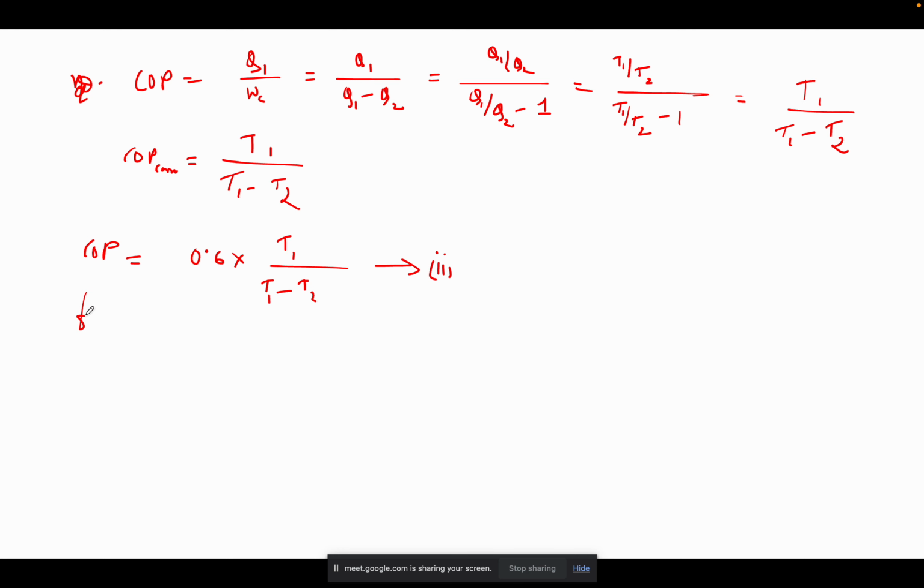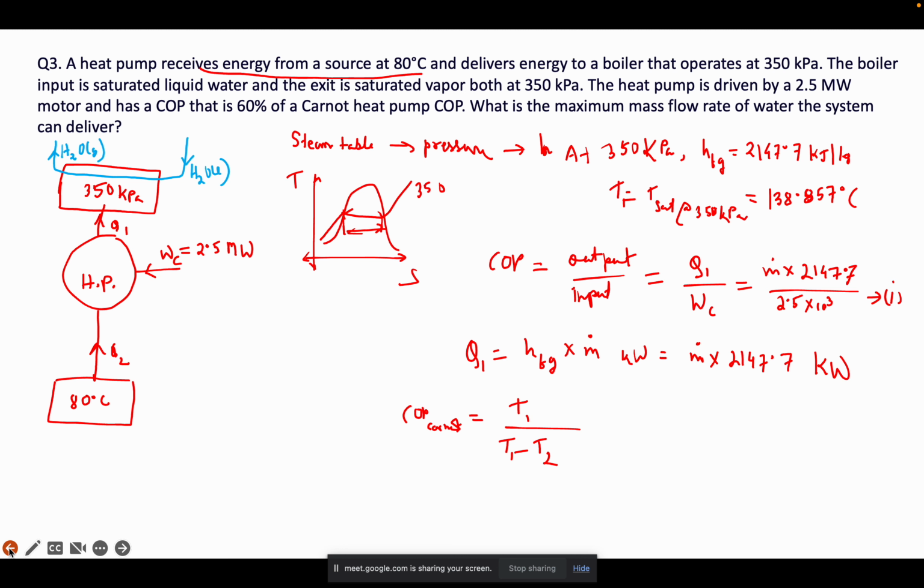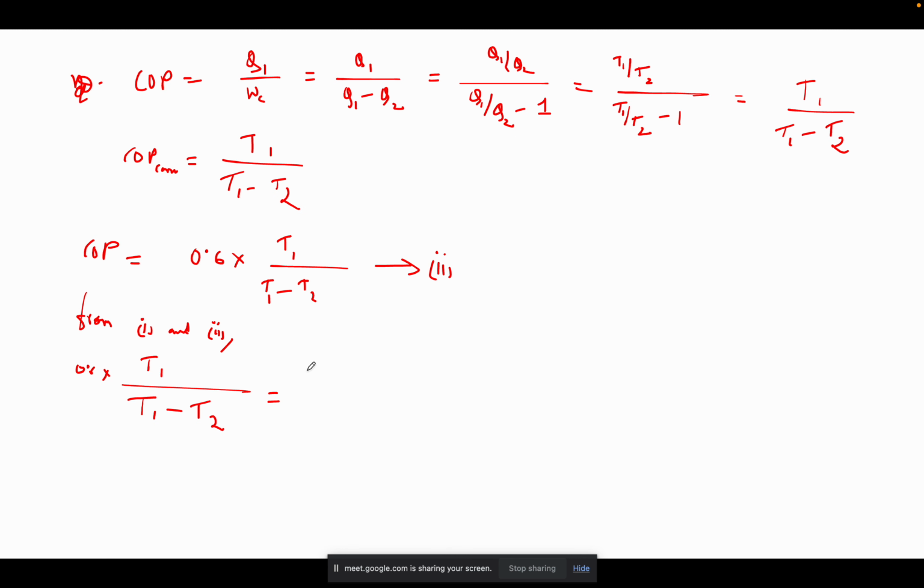So what we'll get from 1 and 2 is 0.6 into T1 by T1 minus T2 is basically m dot into 2147.7 divided by 2.5 into 10 to the power 3.